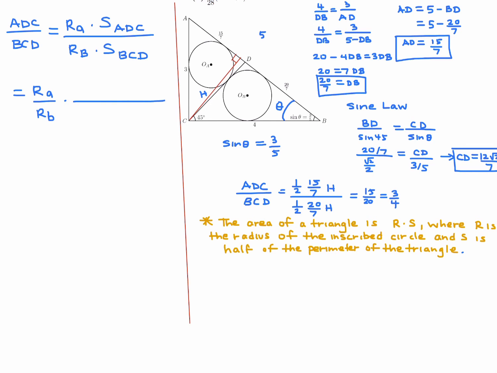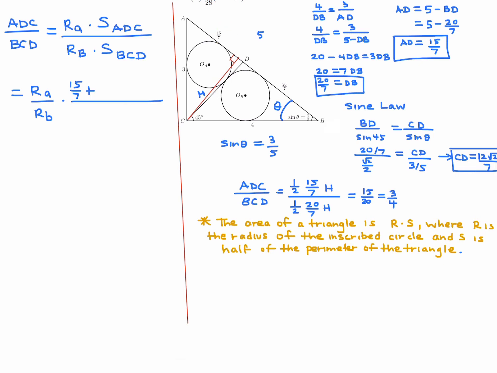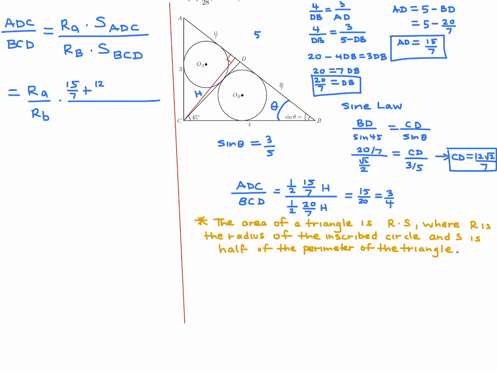So the perimeter of ADC is 15 over 7 plus DC, which we figured out earlier was 12 root 2 over 7, and then plus this 3 right here. And we have to divide that by 2 since it's half the perimeter, but because this is a ratio, it doesn't really matter.